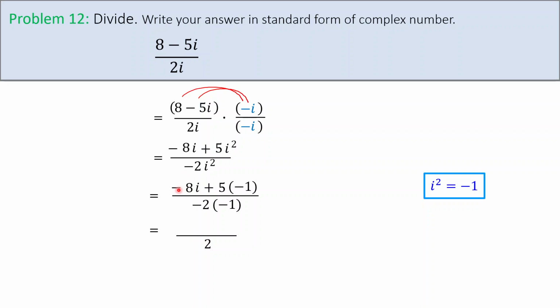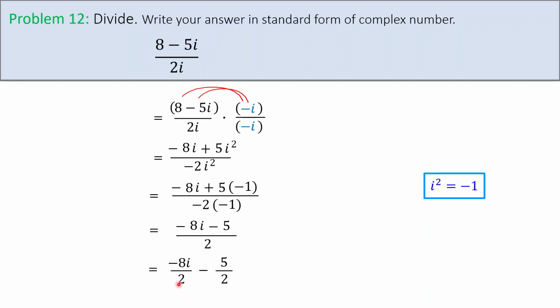Now in the numerator, negative 8i, and 5 i squared is 5 times negative 1, which is negative 5. Now divide this by 2. Negative 5 minus 8i, all divided by 2.